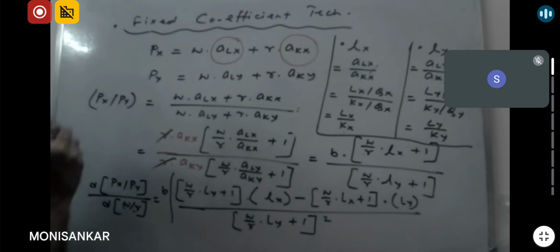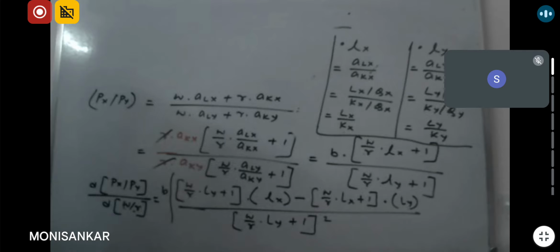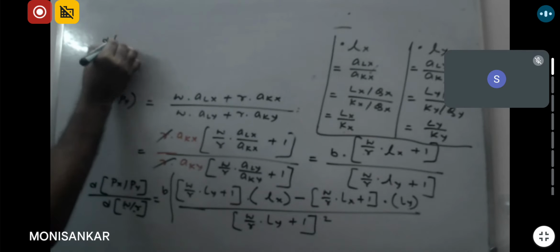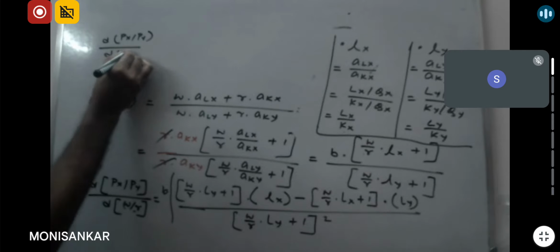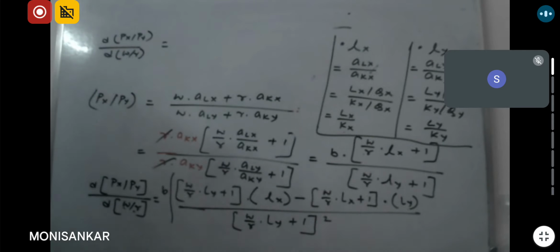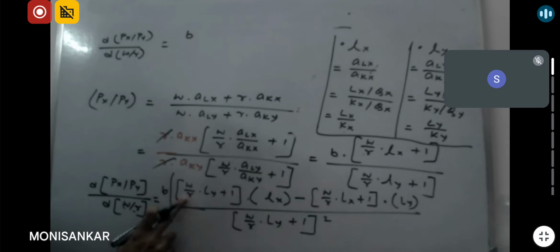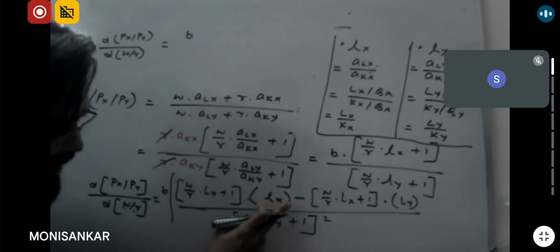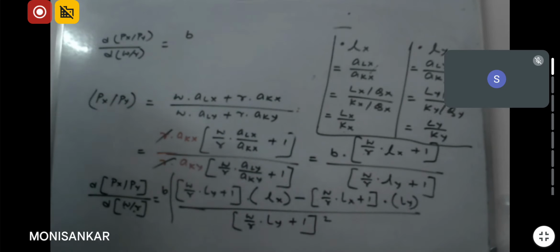So check when you differentiate and calculate, d Px by Py by d w by r becomes B, a constant term, you can take B. But w by r Ly Lx minus w by r Lx Ly will cancel out.